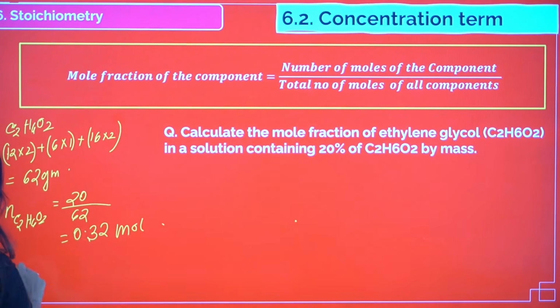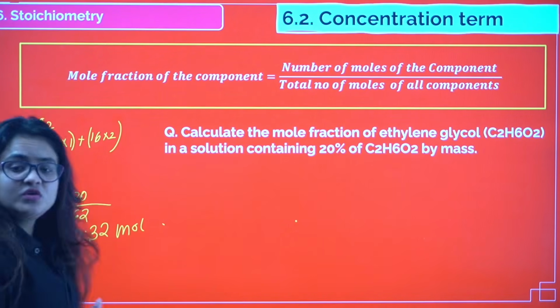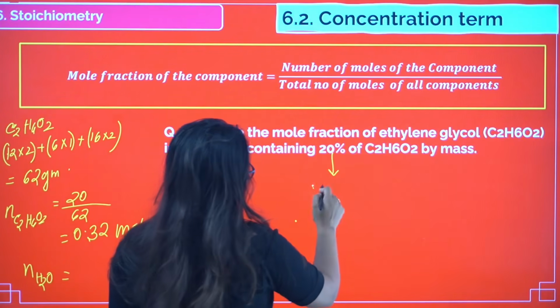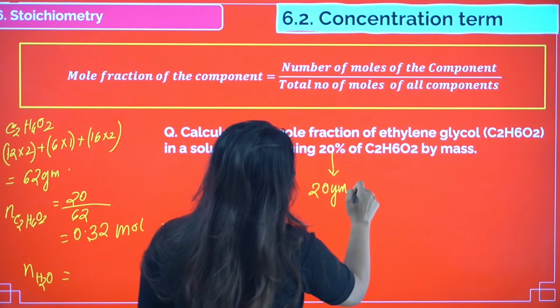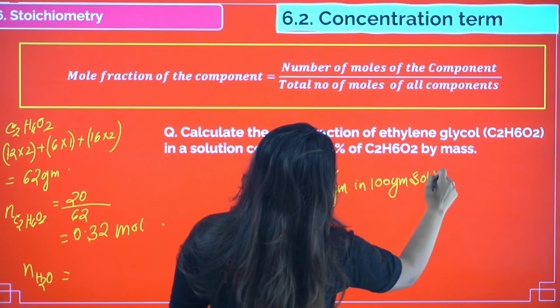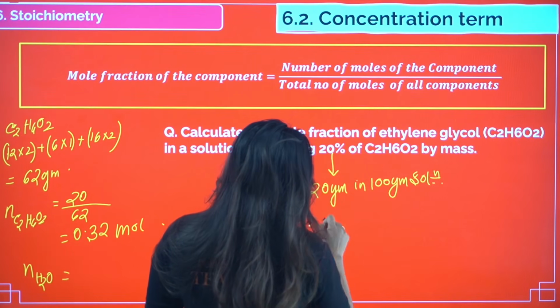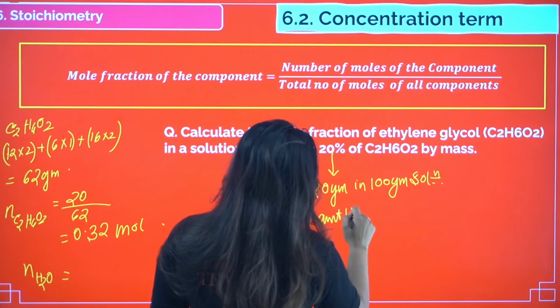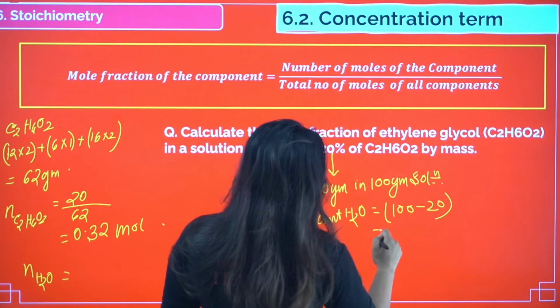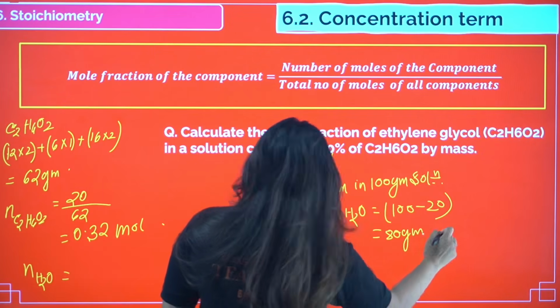Okay, now number of moles of water. For number of moles of water, I need to know the amount of water that is given. So 20% of ethylene glycol means 20 gram in 100 gram solution, right? Hence, amount of water, 100 minus 20, that is 80 gram, right?